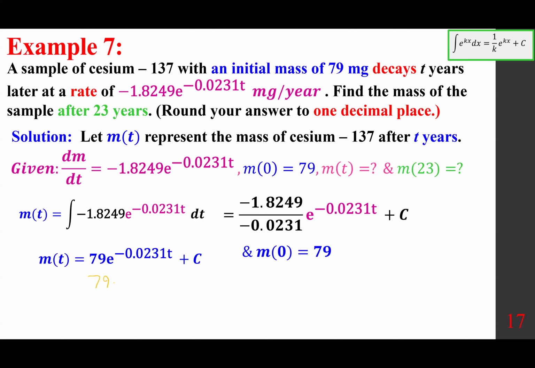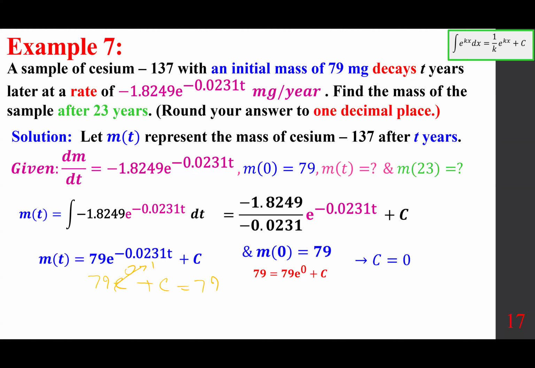Any number times 0 is 0, plus a constant is 79, and e to the power of 0 is 1. 79 plus what number is 79? 0. The constant becomes 0. It's that simple, everybody.